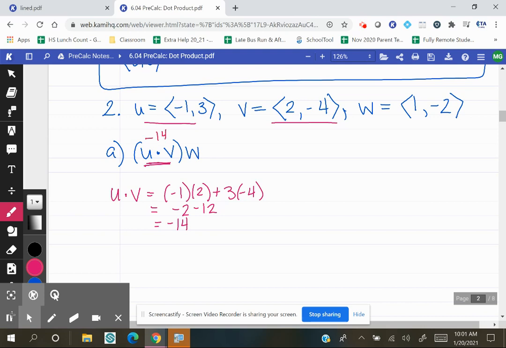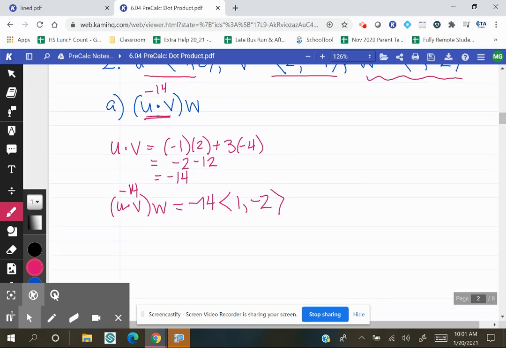So now I'm going to take this scalar quantity and multiply that by vector w. I'm going to take -14 and multiply that by vector w, which is 1, -2. With scalar multiplication, so we have a scalar times a vector, you're just going to distribute that in.